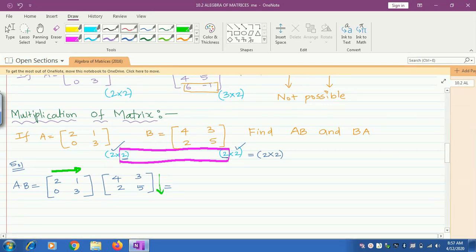This is how you have to multiply. Take the row and multiply with the column. If you multiply, you will get 2 into 4, it is 8. So here plus 2, this is over, right? The next one, you have to take the same row and the other column.